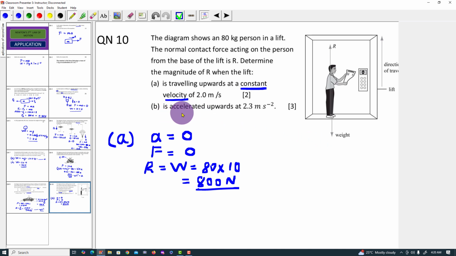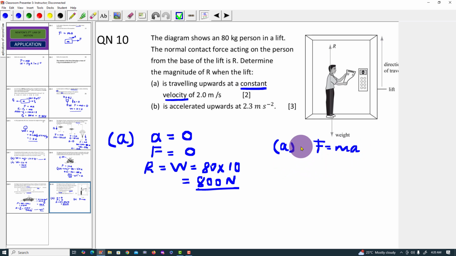But in part B, where we are told that the acceleration is 2.3 meters per second squared, then we've got to use the same equation where we say F is equals to ma.